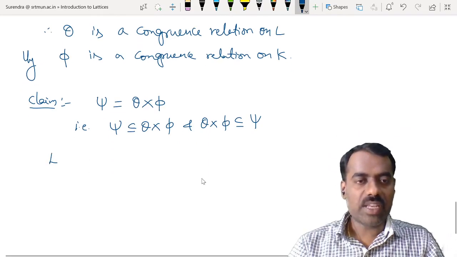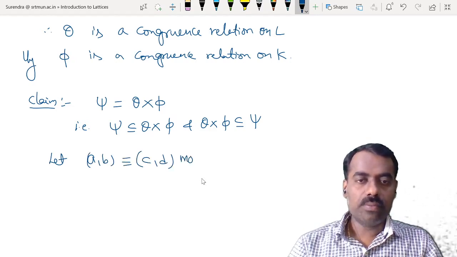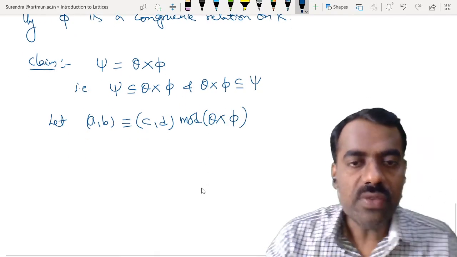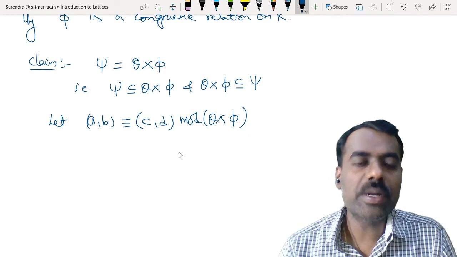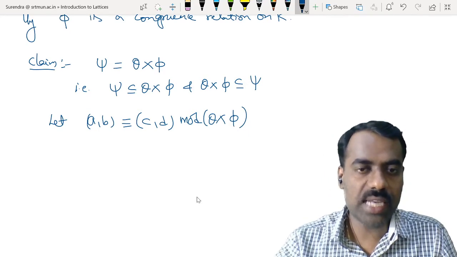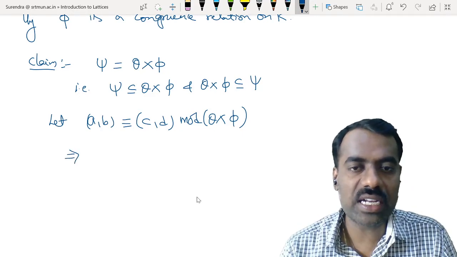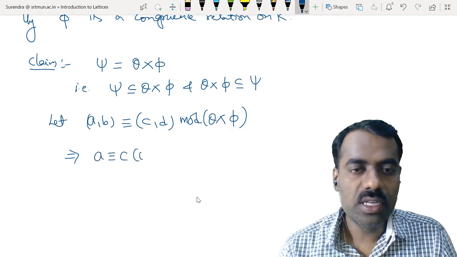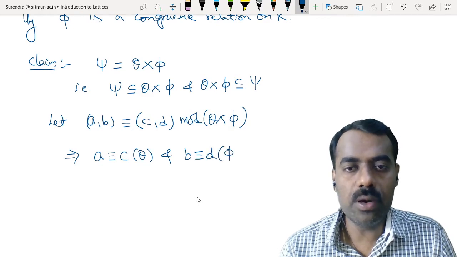So take any relation, suppose A comma B is congruent to C comma D modulo this theta cross phi. Then we want to show that A comma B is congruent to C comma D modulo psi also. What is the definition of this? By definition, the cross relation means A should be congruent to C modulo theta and B should be congruent to D modulo phi.